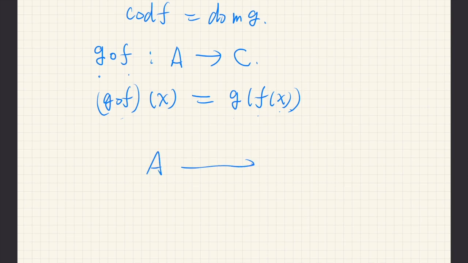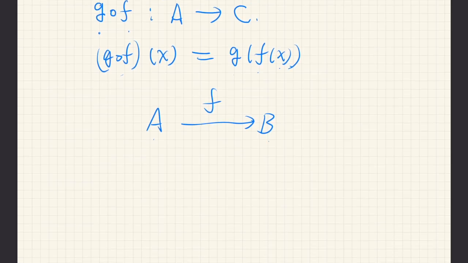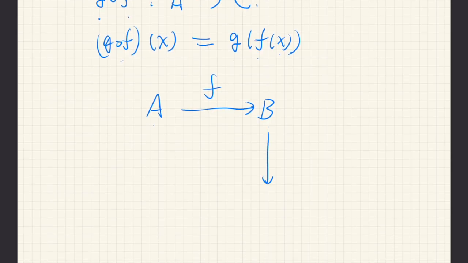So F maps the set A to set B, and the map G maps set B to set C. By composing this, we go from A to C. So this is G after F. We first go from here to here, then from here to here. The result is A to C.